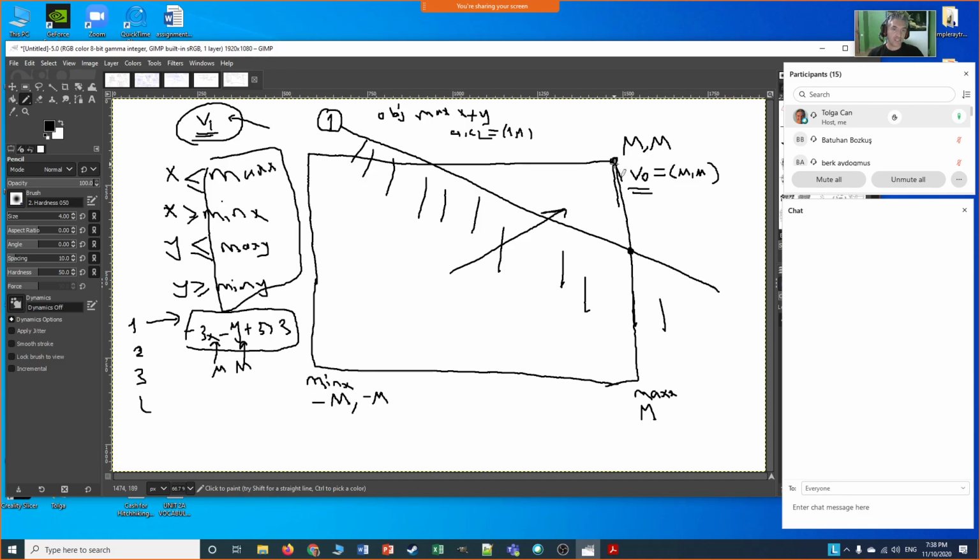If not, as in this case, where V0 is outside the feasible region of this half space, we need to update V0 to be some other point. This updated point is always going to be a point on this line. It's never going to be inside it. The extreme point is always going to be a point on the line defined by the constraint.